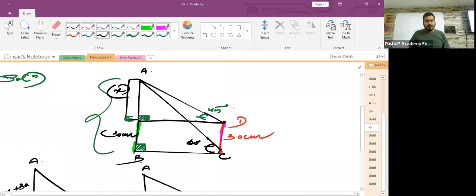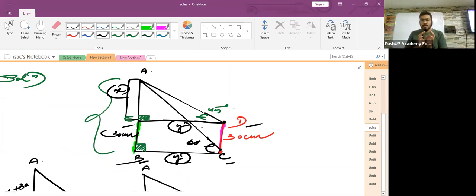All right. Now, children, I have a question for you. You know that BCDE is a rectangle. Opposite sides of a rectangle are equal. Can't I say whatever is the value of BC, the same will be the value of ED, because opposite sides are equal? So if I assume BC is equal to Y, automatically ED will also become Y, isn't it?